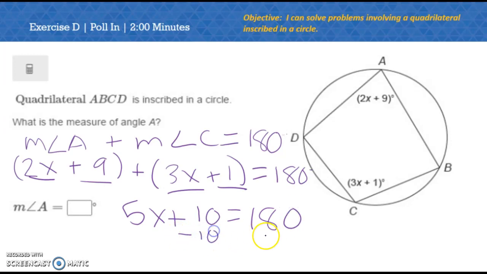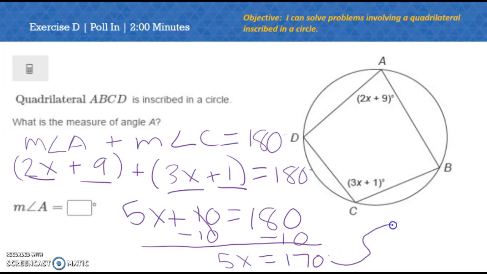We subtract 10 on each side, and we end up with 5x equals 170 degrees. Divide by 5 on both sides. So we end up with x equals, and you're going to grab your calculator, you're going to enter 170 divided by 5, and you end up with 34 degrees.